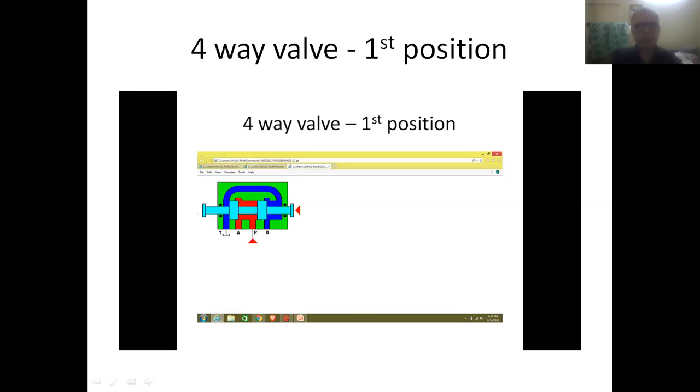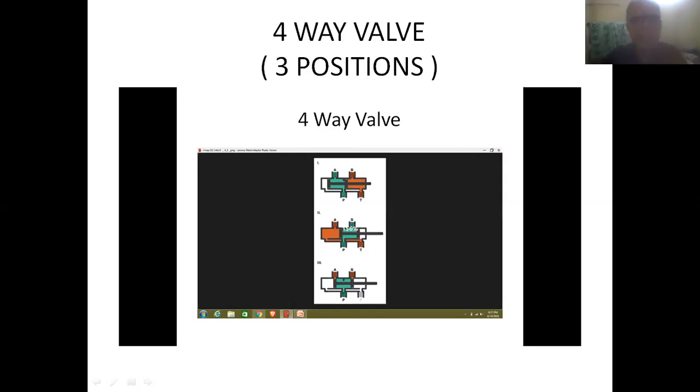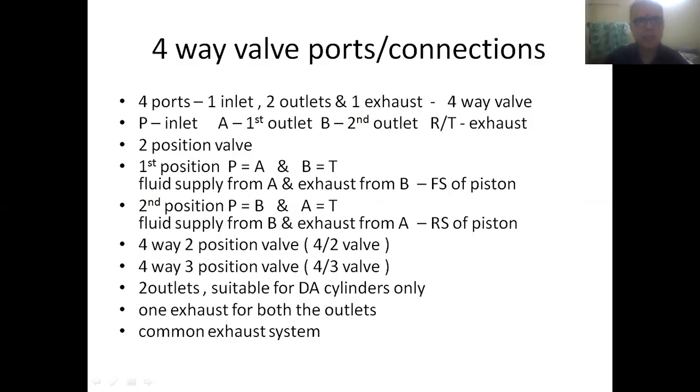So therefore, the same thing is also used here: P for inlet, A and B for first and second outlets, and ultimately capital T used for indicating the exhaust port of the DC valve. So friends, this is about the construction and working of a four-way DC valve.